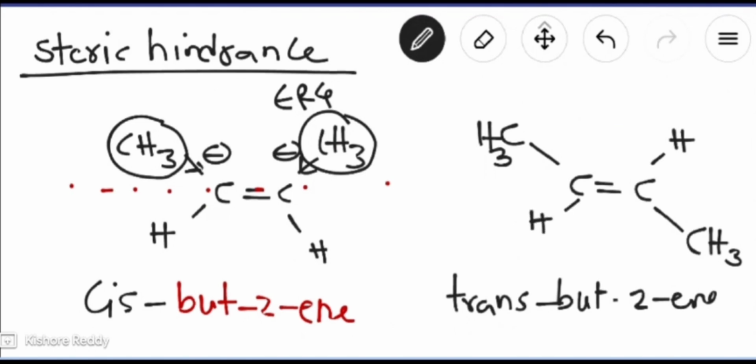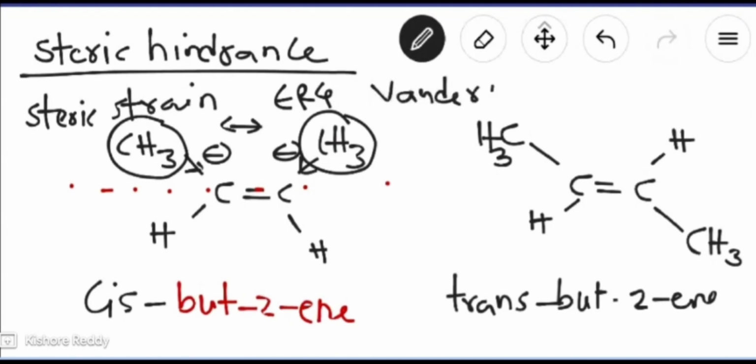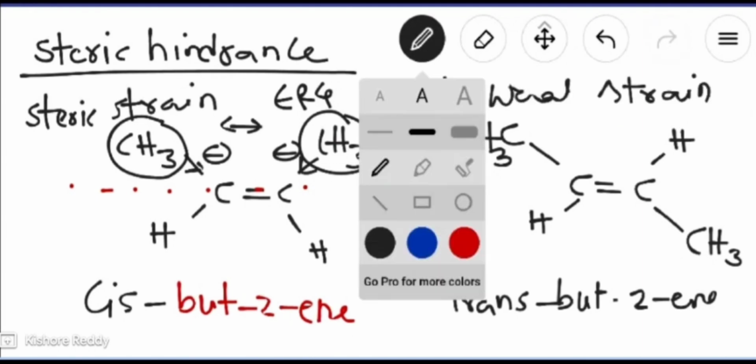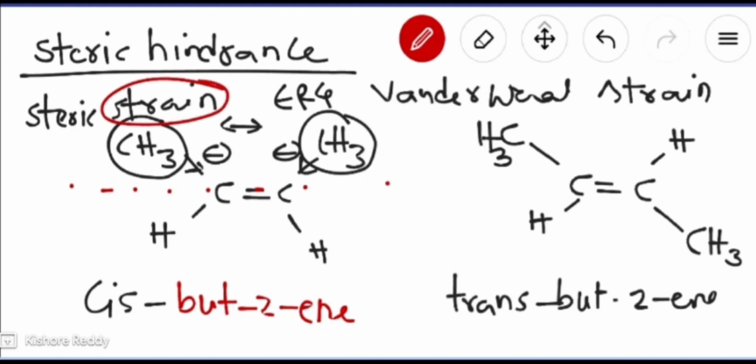Understood, no? So when they repel each other, okay, this repulsion is known as steric strain, or another name is van der Waals strain, or steric hindrance. Understood, no? So what is the name given to these repulsions? Steric strain or van der Waals strain, or in short, many times we use steric hindrance.